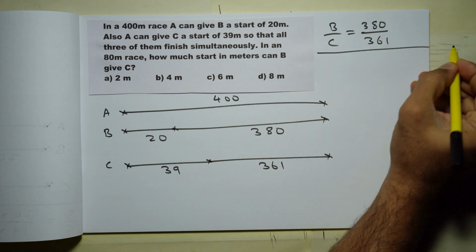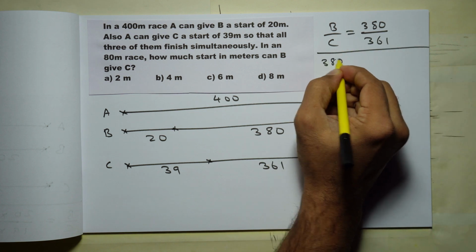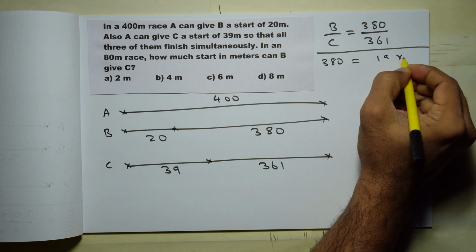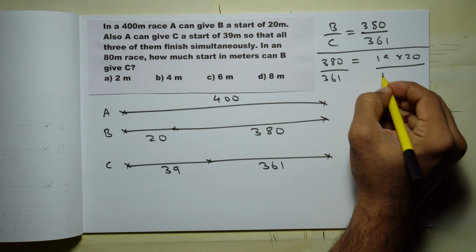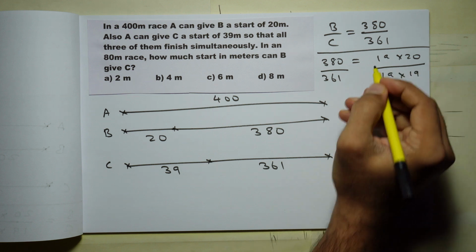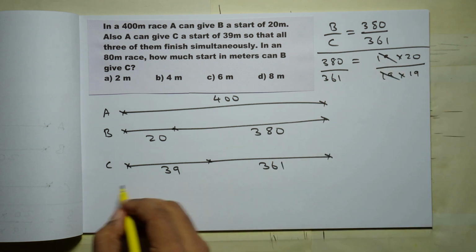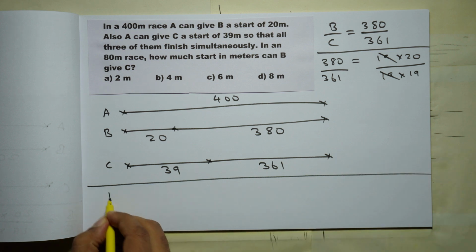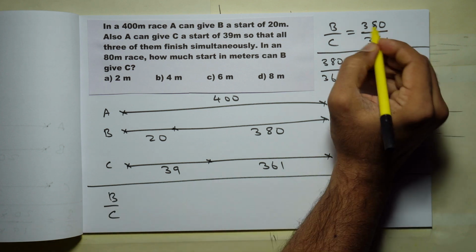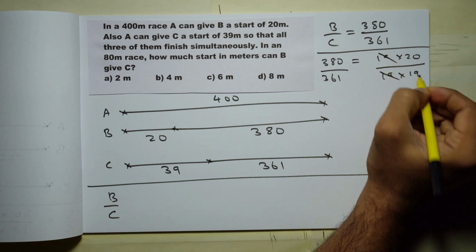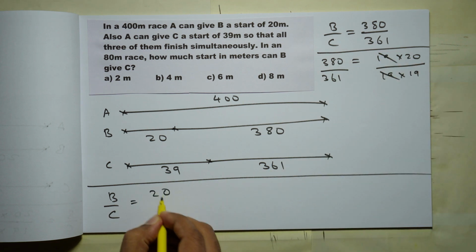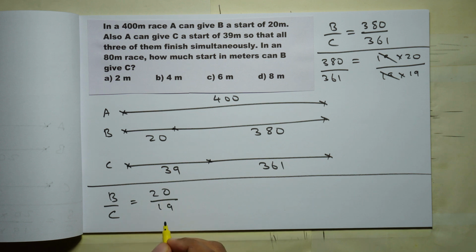Let's simplify this. Now 380 is equal to 19 into 20 and 361 is 19 into 19. I'll just cancel out 19 and 19. So if you compare the speeds of B and C, they are in the ratio 380 is to 361, that is the same as 20 is to 19.